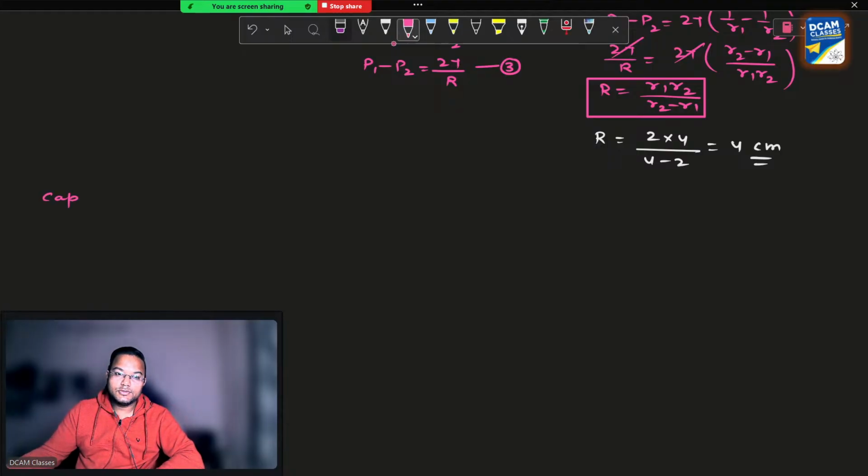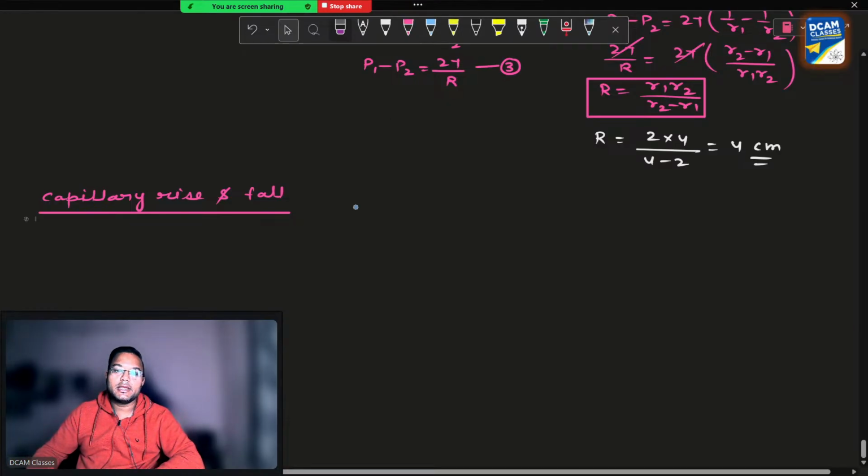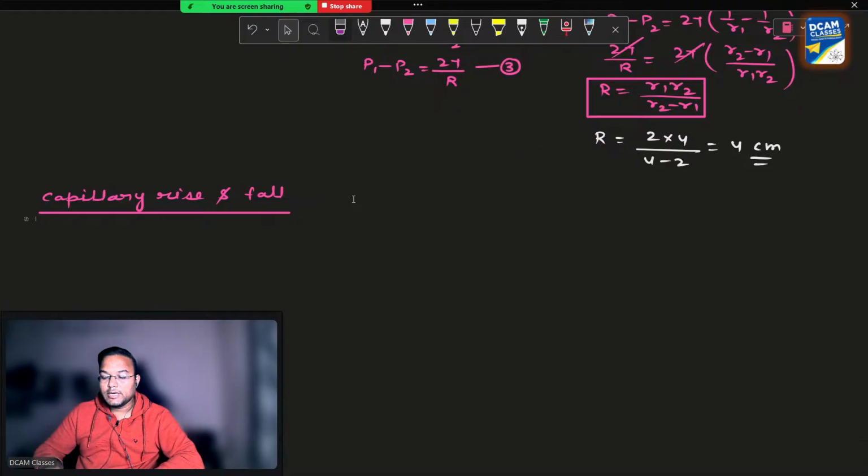Now let me teach you the next concept, which is capillary rise and fall. Did you ever observe, it's easy to drink something like soft drinks or juice, you tend to use a straw.